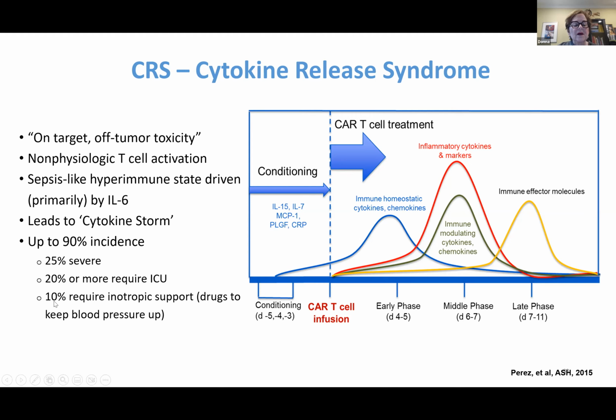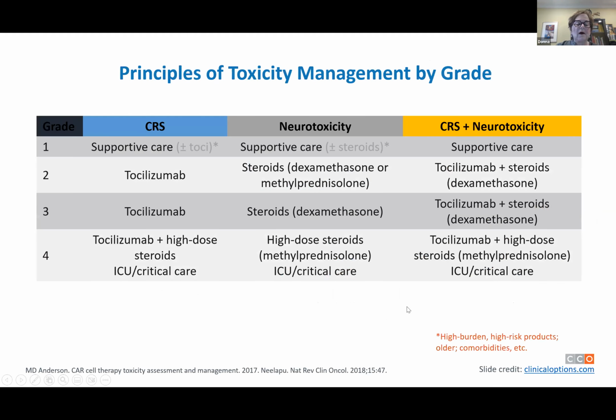They may need chemical treatment intravenously, continuously, to keep the blood pressure up until it can be controlled. Toxicity for CRS, I've already mentioned. Tocilizumab is the main drug, if not steroids. For neurotoxicity, steroids is what we base the treatment on.